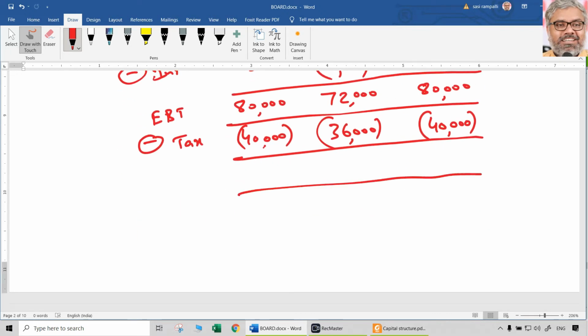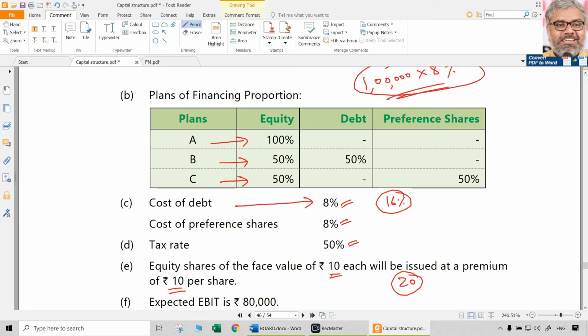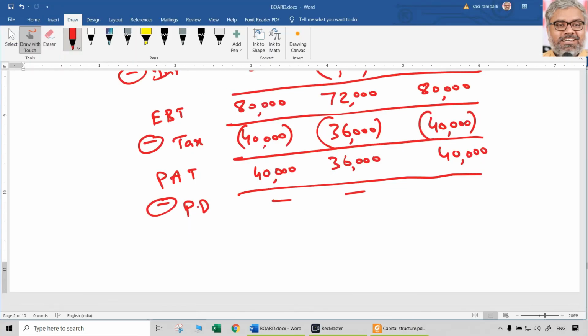Then profit after tax: 40,000, 36,000, 40,000. Then you have to reduce preference dividend. In A and B there is no preference dividend, but in C there will be preference dividend, which will be how much? 8% preference dividend. So 8% on 1 lakh will be 8,000.